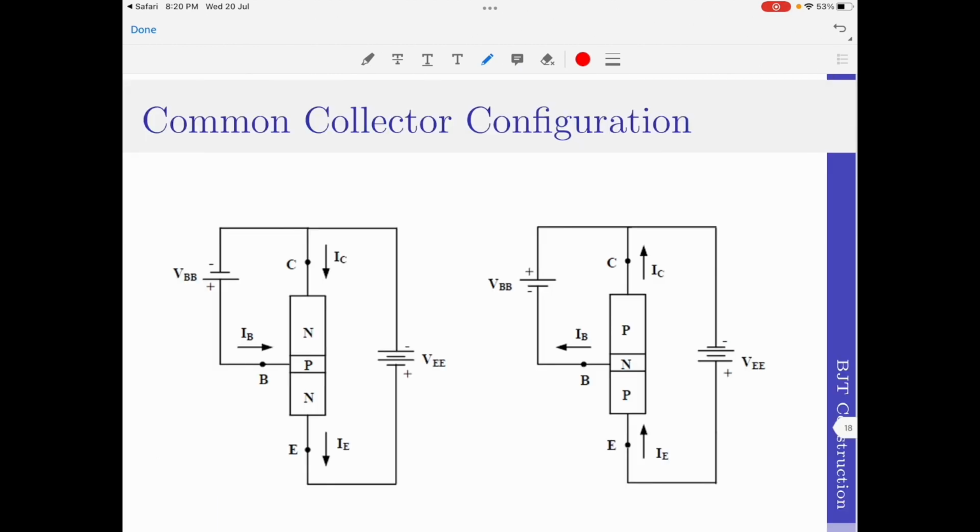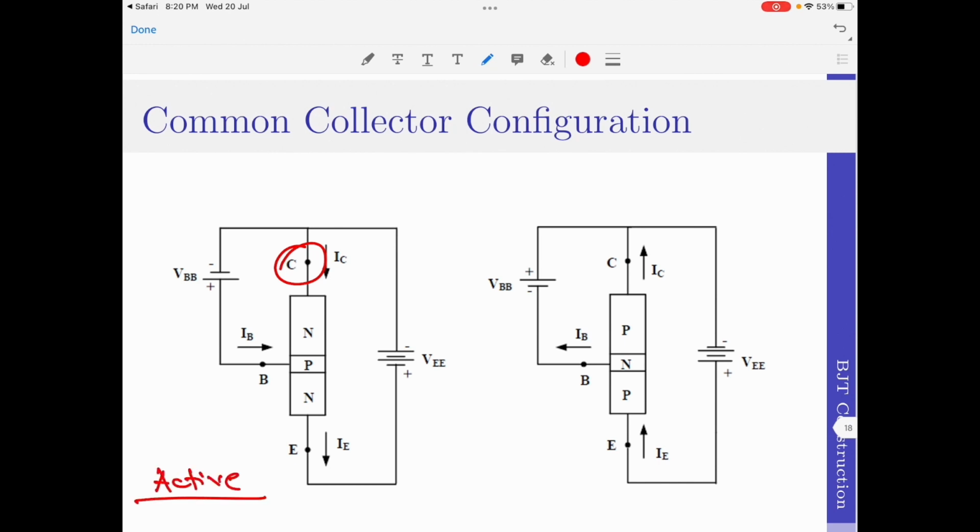Lastly, let us now discuss the common collector configuration. What is this configuration? It is a configuration in which the collector terminal is taken as common. Look at this. And voltages are applied across the other two terminals, which are base and emitter. Once again, I will illustrate the operation for the active region of operation.